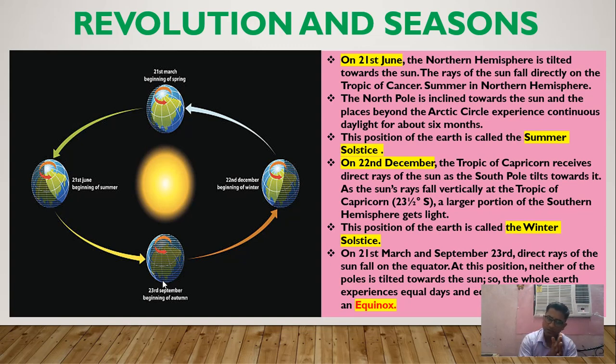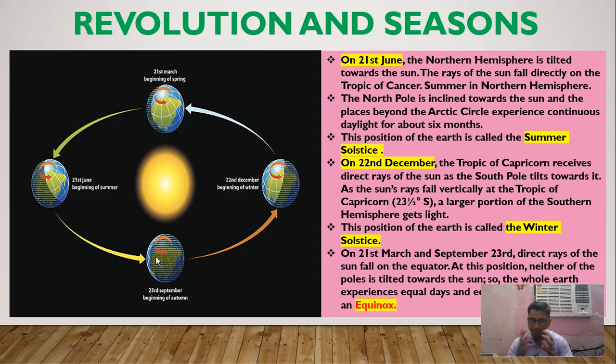Days and nights are equal. Okay. In this situation, in September month, on Earth, this is autumn. Autumn, and when Earth is in this position on 21st March, this is the situation when there is spring, बसंत ऋतु, और यहाँ पे पतझड़ का मौसम इस समय होता है.